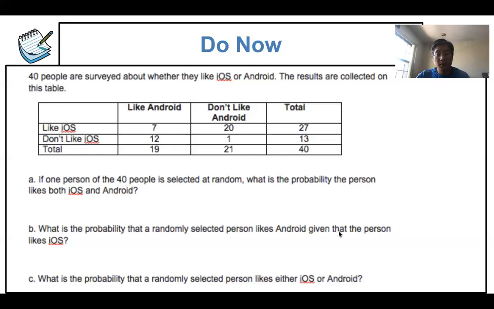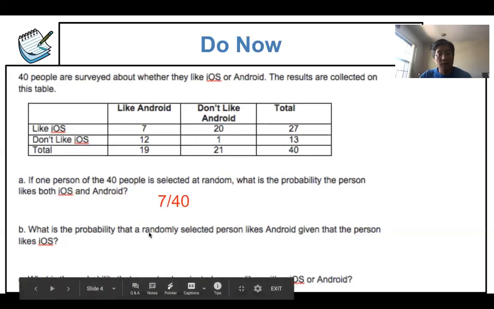Total will be persons who like iOS, so we are dealing with only this 7, 20, and 27. So 27 people. You should ignore don't like iOS, right? From these 27 people, how many like Android? 7. So 7 out of 27. Okay.